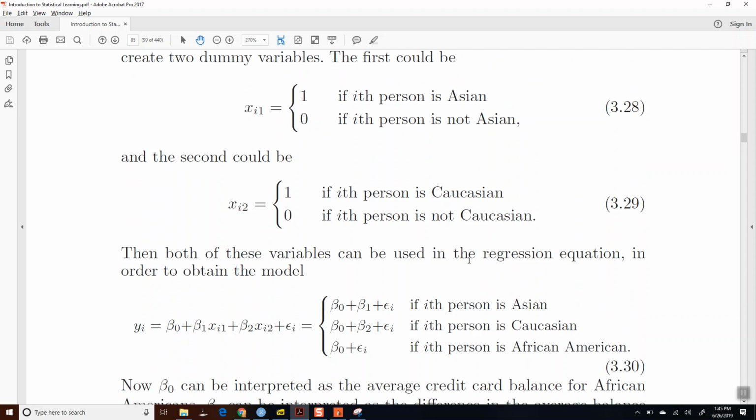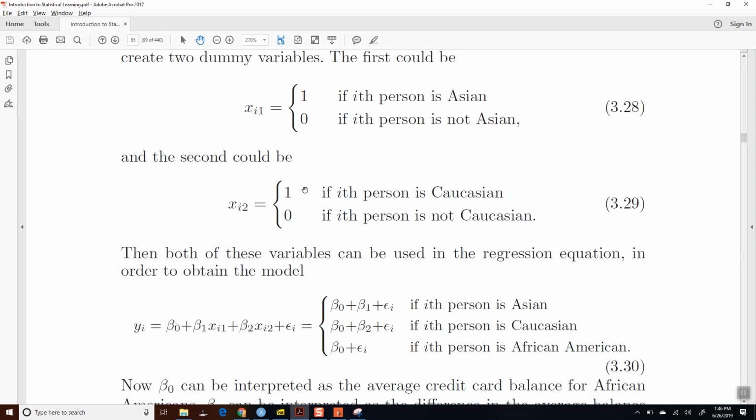If the person is African American in this data set, their x1 variable will be 0 and their x2 variable will be 0. If the person is Asian, they will have a 1 for x1 and a 0 for x2, and if the person's Caucasian, they're going to have a 0 for x1 and a 1 for x2.